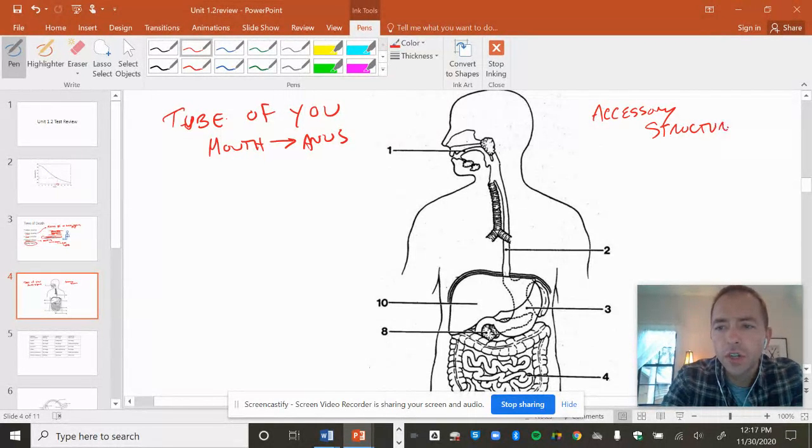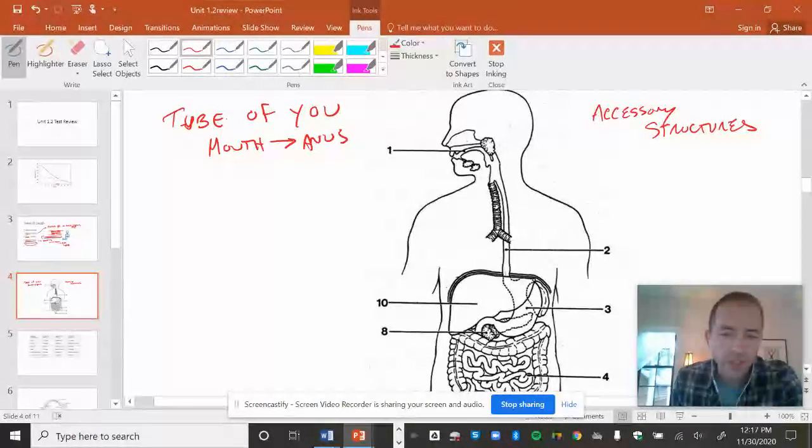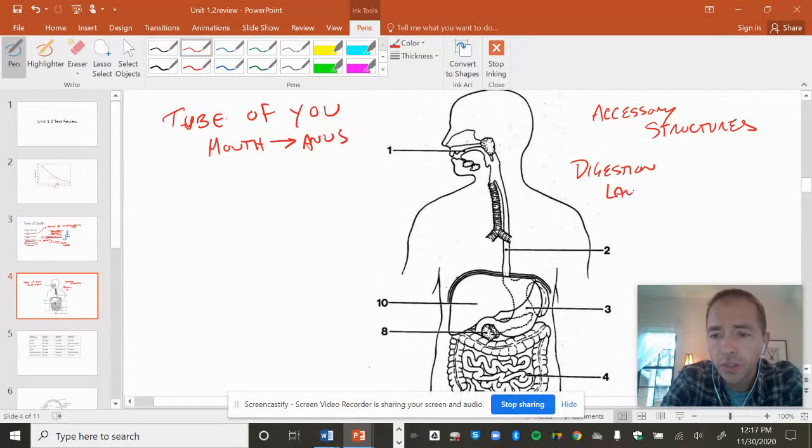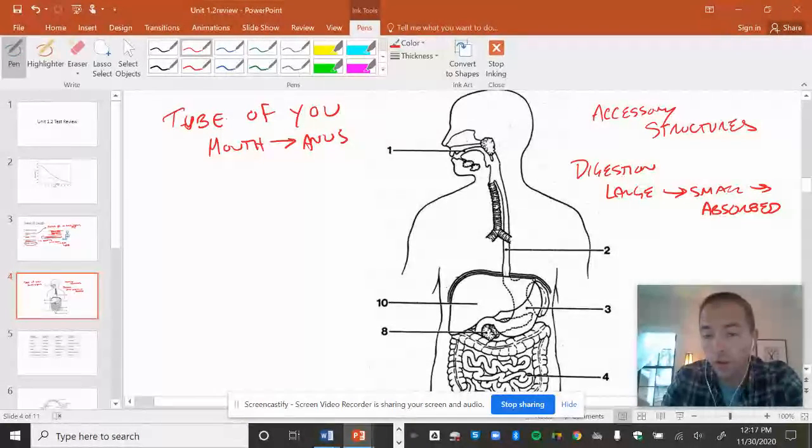So accessory structures are the things that help dump materials into the digestive tube that can aid in this digestive process. Because remember, the goal of digestion is to take large molecules, get them small so that they can get absorbed. That's the big goal of this.